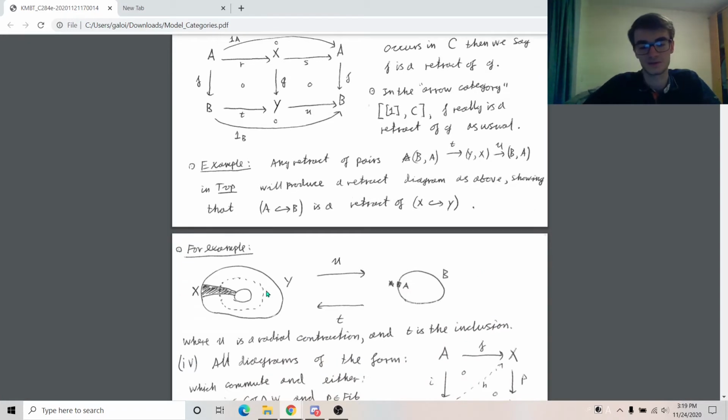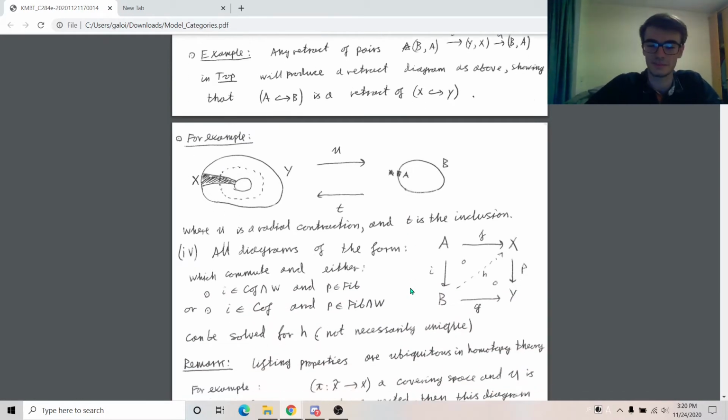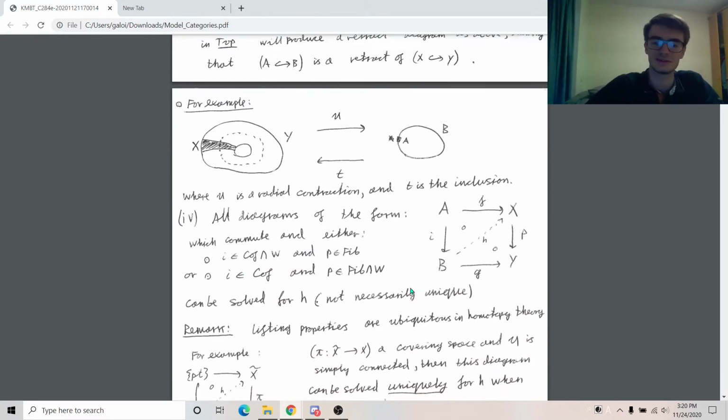For example, if you have this pair on the left, like a donut, a punctured disk with a ray, and you contract it to S1, and this ray gets contracted to a section, and then you include this S1 back into the punctured disk, and the section gets mapped to the ray. This is a retract of the arrow which includes the subspace X into Y. So that's a basic example of a retract. But retracts can be much more wild, of course.